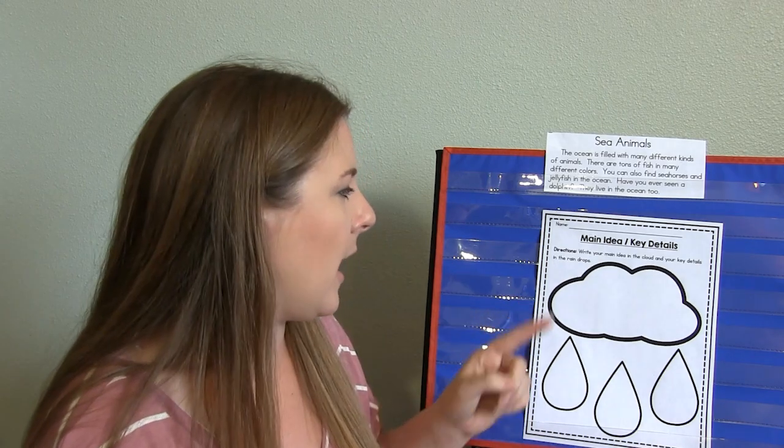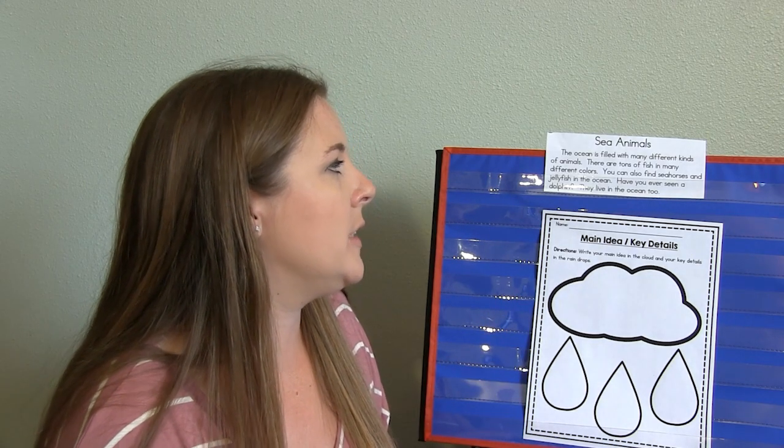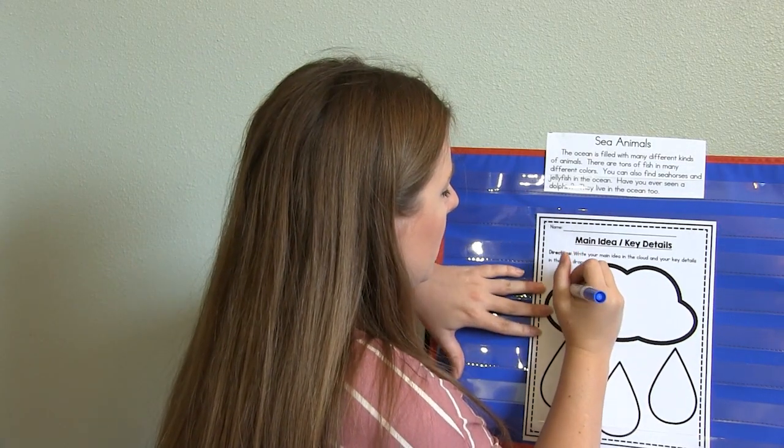Oh, I think that I heard someone say that the main idea is that the ocean is filled with many different kinds of animals. That's good thinking. So we're going to put that right up here.